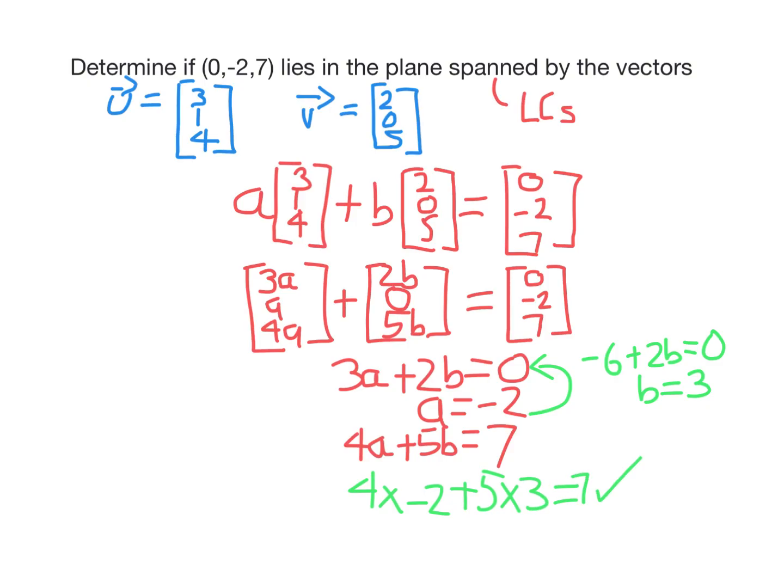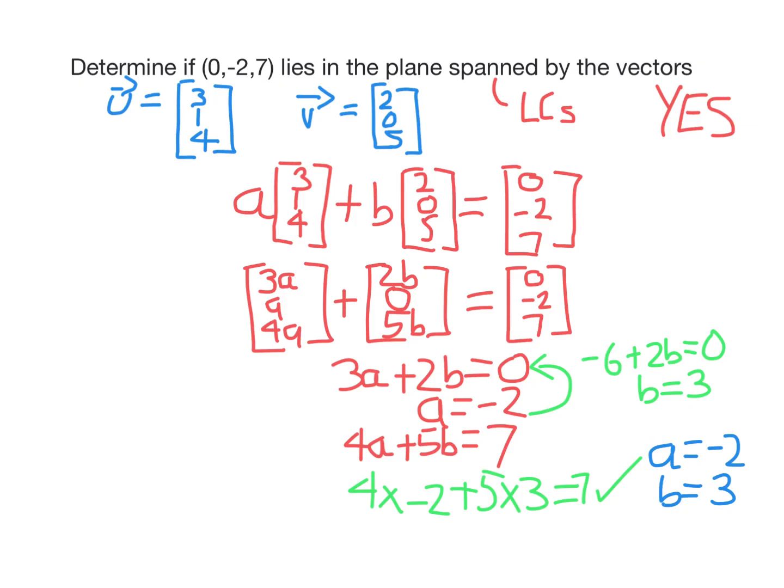So this system is consistent. The solution is a equals -2, b equals 3. I have just proved that this vector here can indeed be written as a linear combination of u and v. So the answer to the question, does that point lie on the plane? The answer is yes. If we had an inconsistent system, we would have no solution. The answer here would be no.